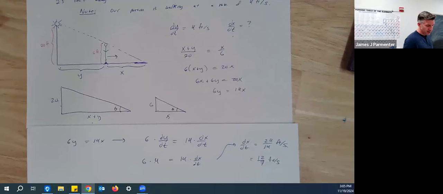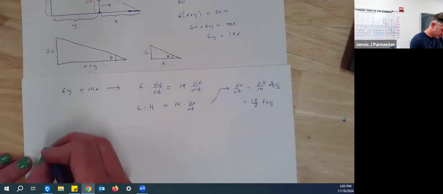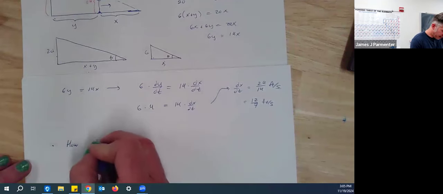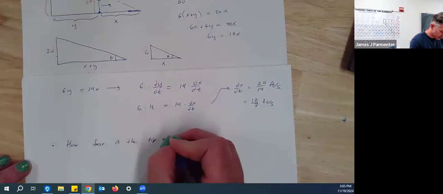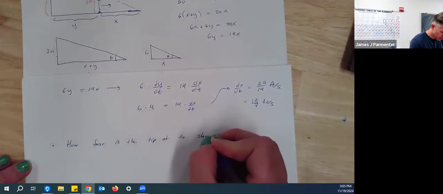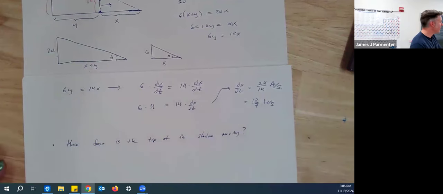Now, the other question people like to ask here is, how fast is the tip of the shadow moving? When you ask how fast something's moving, you have to say, okay, how fast is the distance between it and a stationary object increasing?